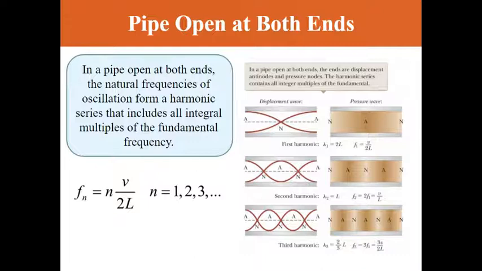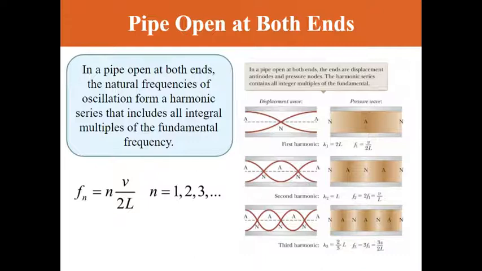So lambda n is equal to 2L divided by n, which is the same limitation on harmonic wavelengths that we've seen for a string fixed on both ends.